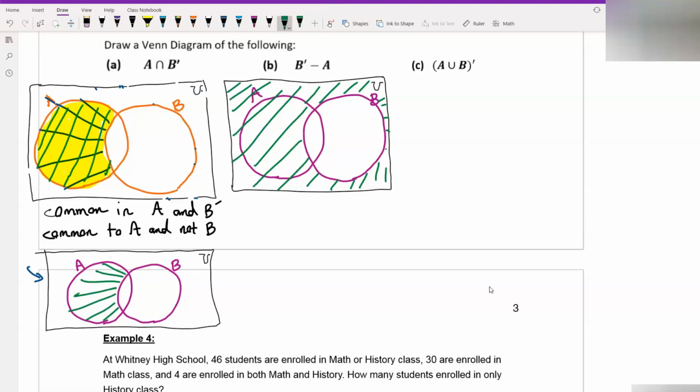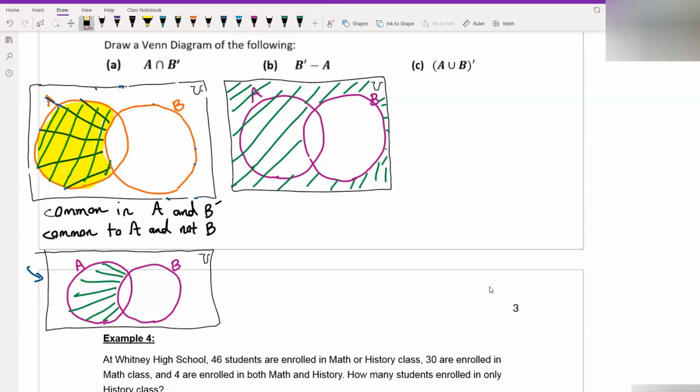So this is complement of B. Now subtracting all members that belong to A. So here I have to erase these.